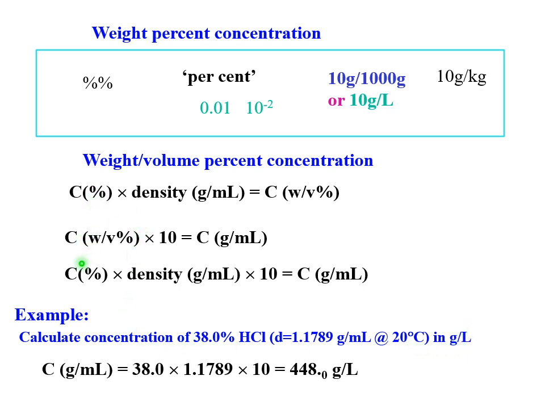So we are taking this very formula, 38% multiplied by density and by 10, we have 448 grams per liter, and next digit is 0 just in case. But a 3-digit number because percentage was a 3-digit number.